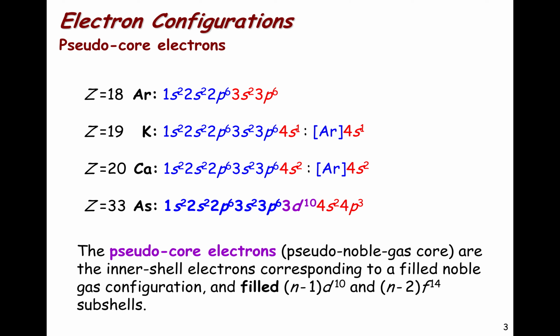Again, the core of argon is present, but we also notice that now the 3d subshell is completely filled, and so when we write the electron configuration for this particular element and use the approach, we would include the 3d electrons in the abbreviated approach, but the only electrons that are going to be involved in bonding are the electrons that are in red, because the subshell 3d is filled.